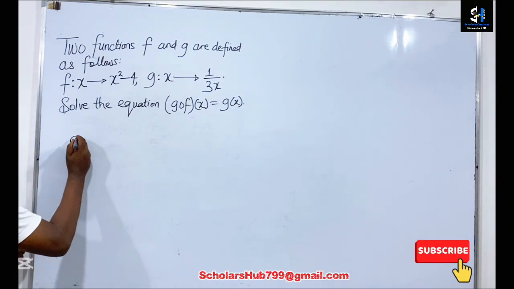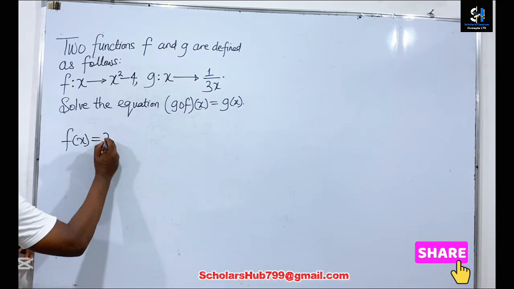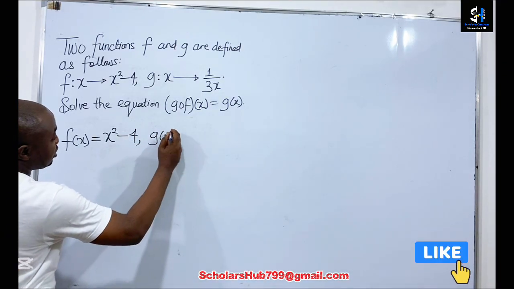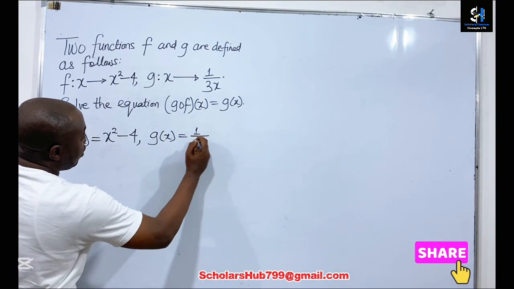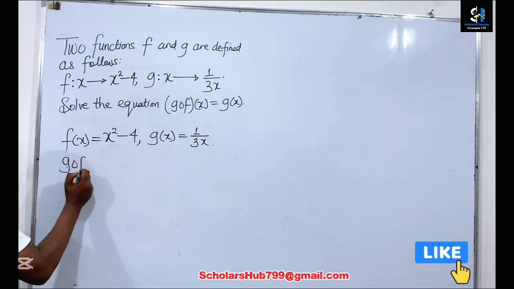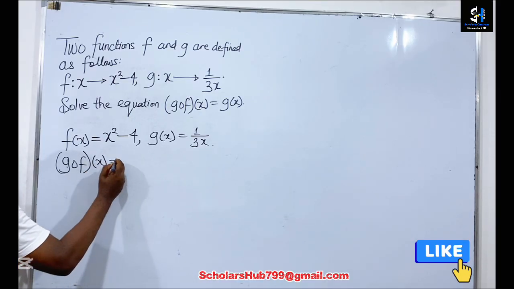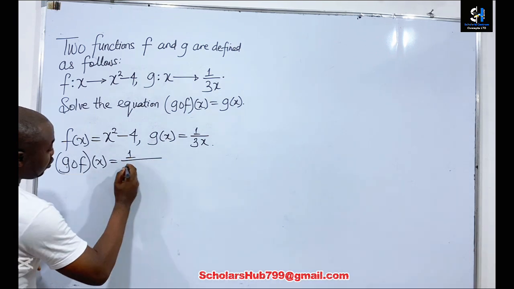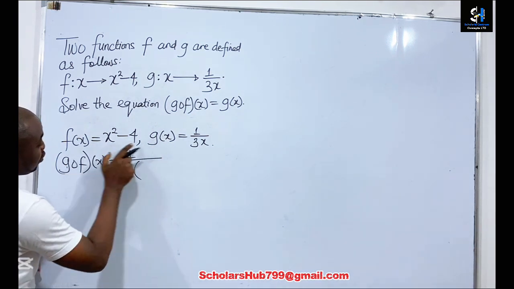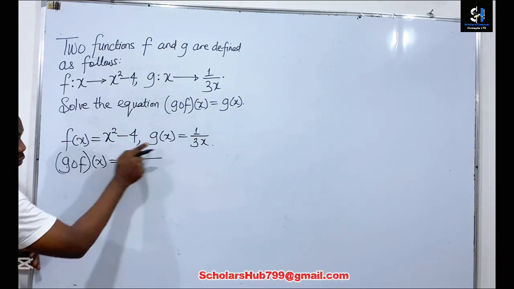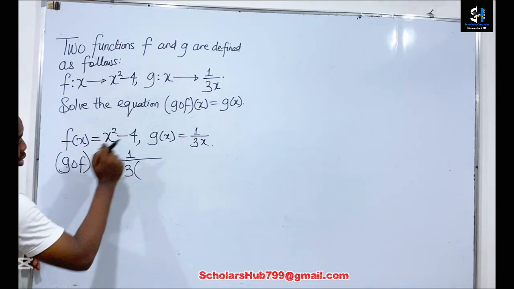For g f of x, first, we are given f of x to be equal to x squared minus 4, and g of x is given to be 1 over 3x. So the expression for the composition of g f of x will be 1 over 3 into, so I'm going to substitute x squared minus 4, which is our f of x, for x in g of x.